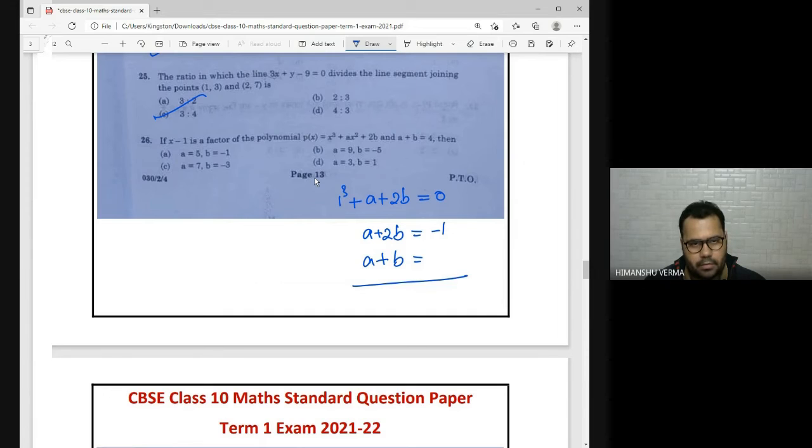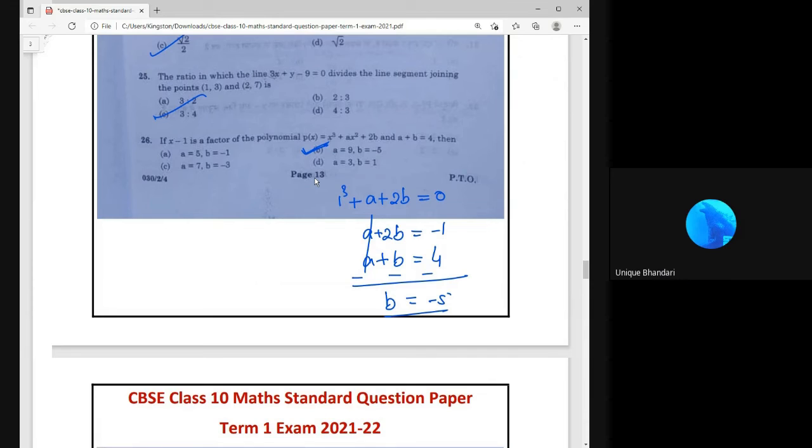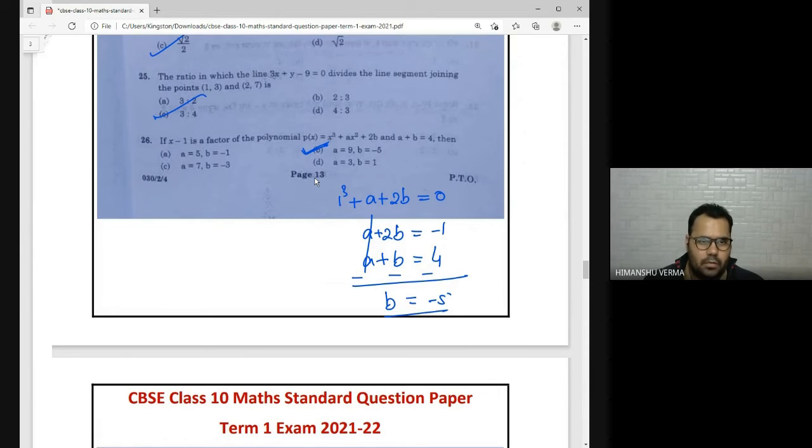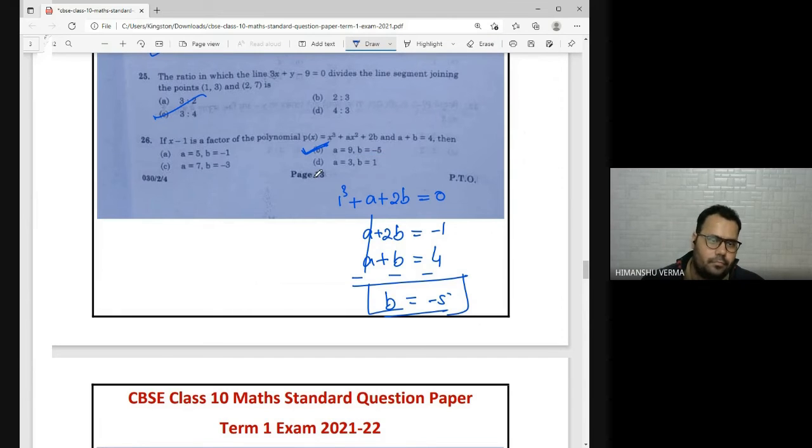If we subtract, the value of b is going to be negative, okay. Minus, minus, a will be cancelled. b equals minus 5. So answer is B. 26 is B. What did you select? C. Yes, sir. Oh, 26 is B. B is minus 5. Okay.